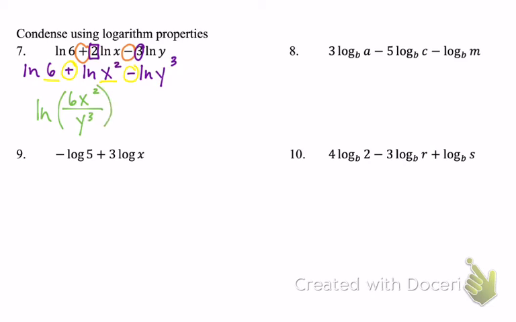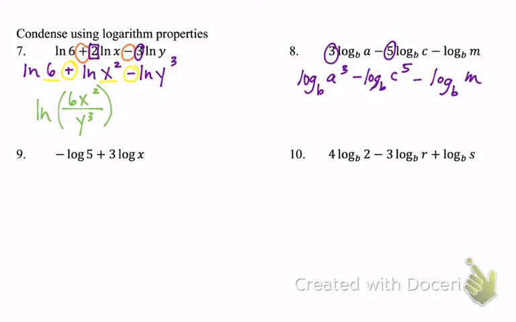Okay, we look at number 8. I have exponent, and that is it. So I'm going to rewrite this as log base b of a cubed minus log base b of c to the 5th minus log base b of m.